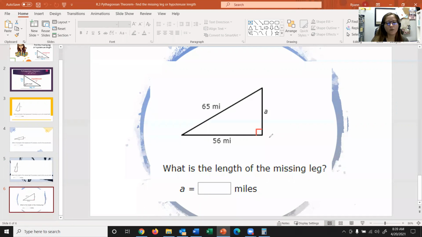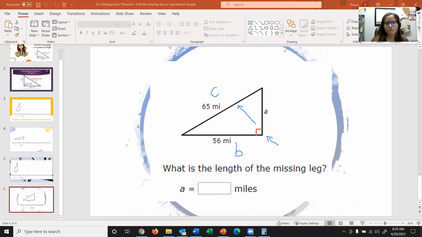In this case, we see that our indicator is right here telling us this is a right triangle. So we're going to say that this side is c. This is our hypotenuse, or 65 miles. And then we have a here, so we're going to label this side as side length b.